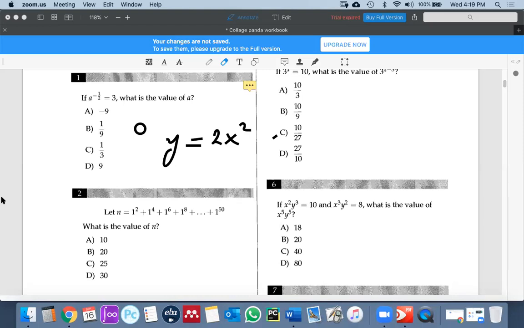Let me explain, ladies and gentlemen. A to the power of negative 1 over 2 is 3.